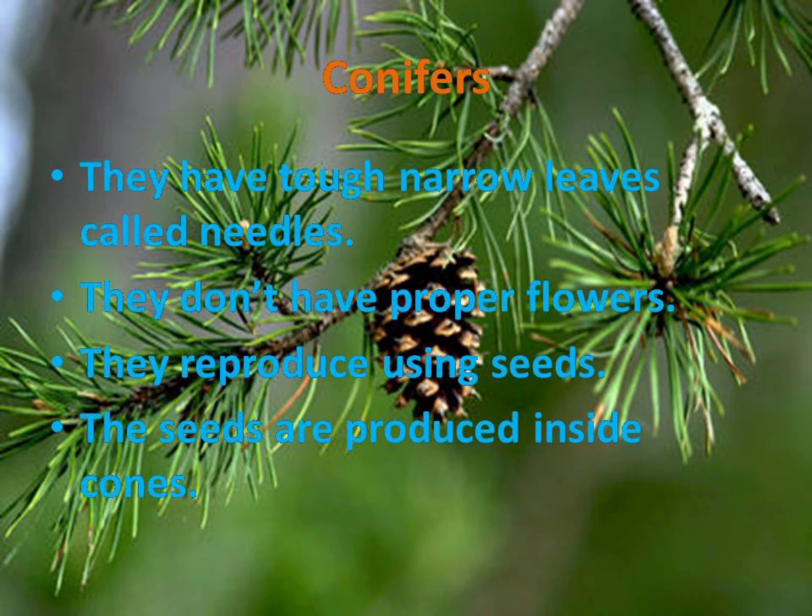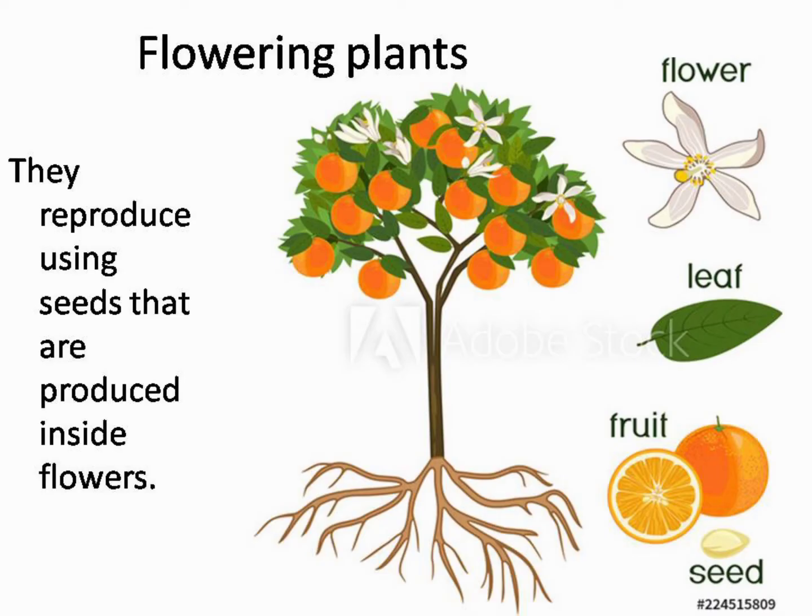Conifers have tough, narrow leaves called needles. They don't have proper flowers and reproduce using seeds. The seeds are produced inside the cones. Flowering plants reproduce using seeds that are produced inside the flowers.